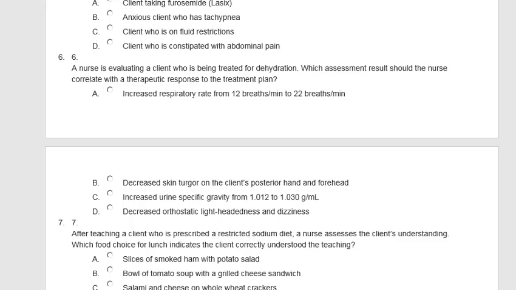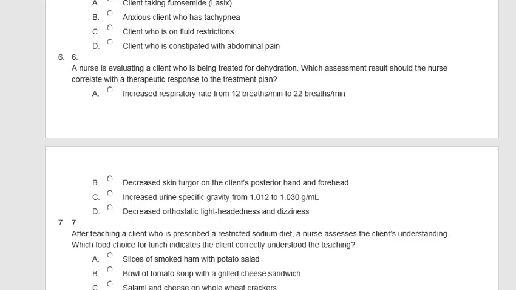Increased urine specific gravity. Remember what I said about specific gravity. The more concentrated your urine, the higher your specific gravity, right? So you would expect that when you're recovering from dehydration, your urine's going to become less concentrated, so you're going to have a decreased urine specific gravity.